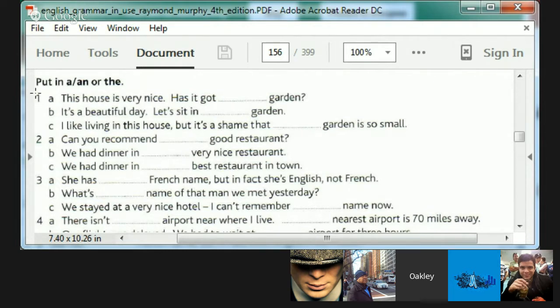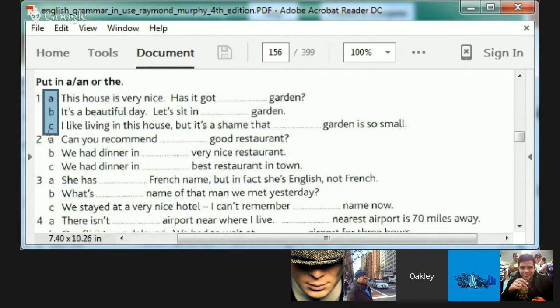All right. And again, let's go around again. Go ahead and do the whole set, A, B, and C. Sasha. Okay, again, a, an, or the. This house is very nice.